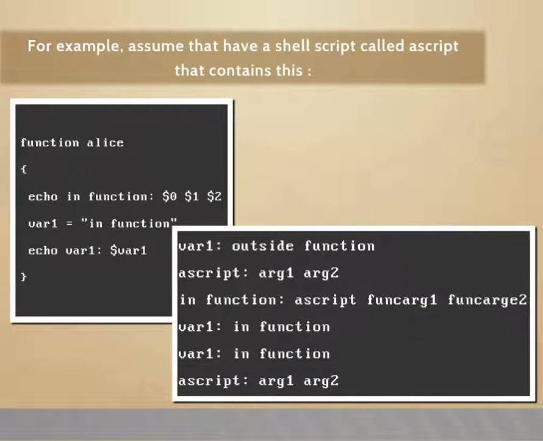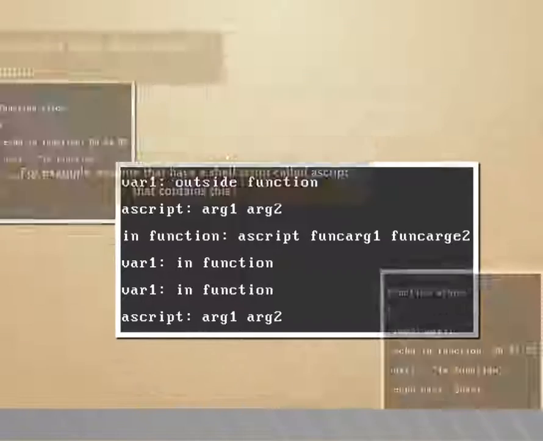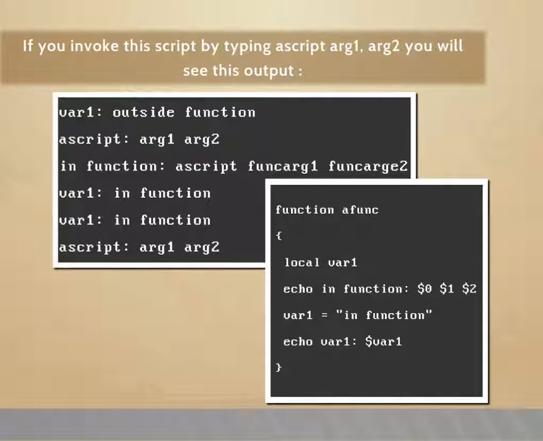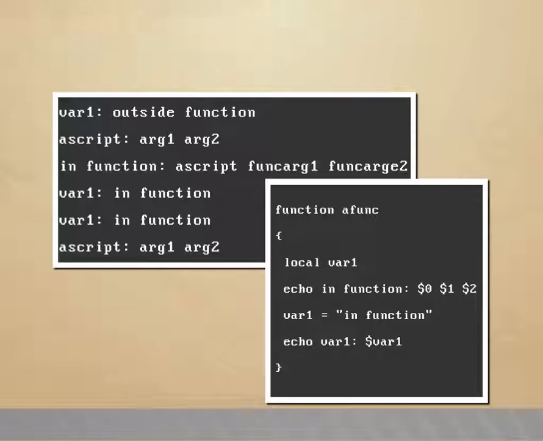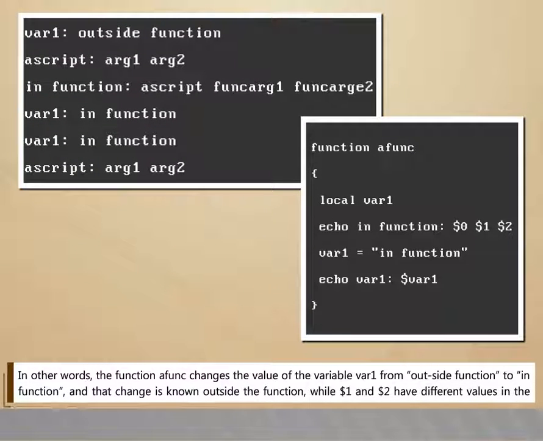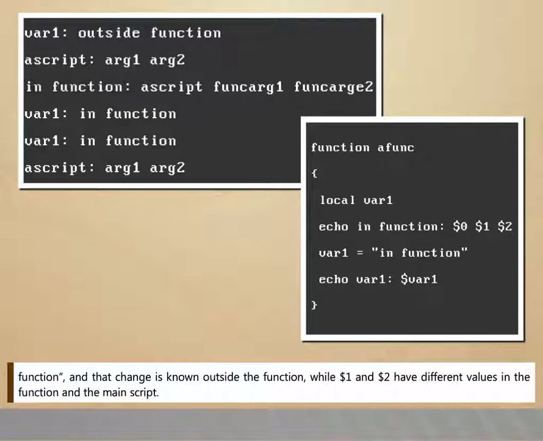For example, assume that we have a shell script called ascript that contains this. If you invoke this script by typing ascript arg1 arg2, you will see this output. In other words, the function afunc changes the value of the variable var1 from "outside function" to "in function", and that change is known outside the function, while $1 and $2 have different values in the function and the main script.